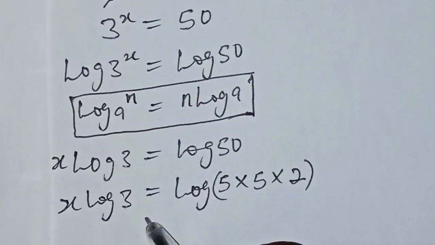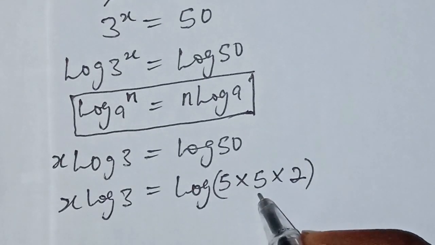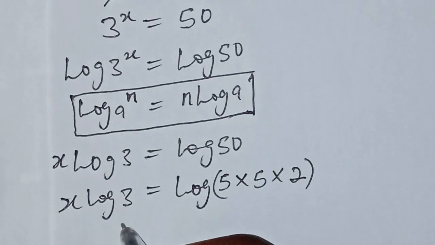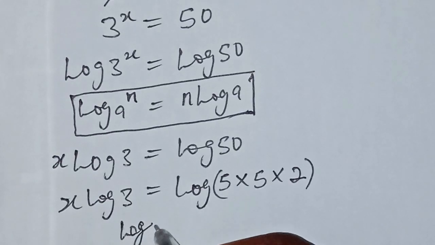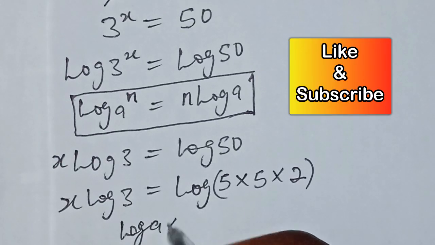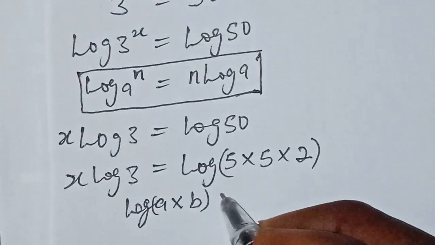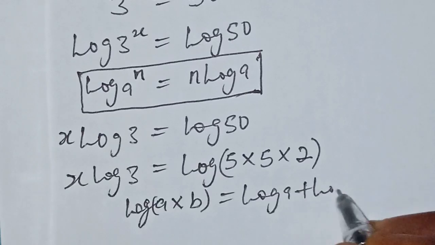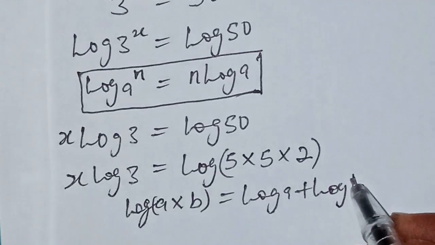And for the right hand side, to get the next step, we also apply this log identity, which implies if you have log of a multiplied by b, you can write it as log of a plus log of b.